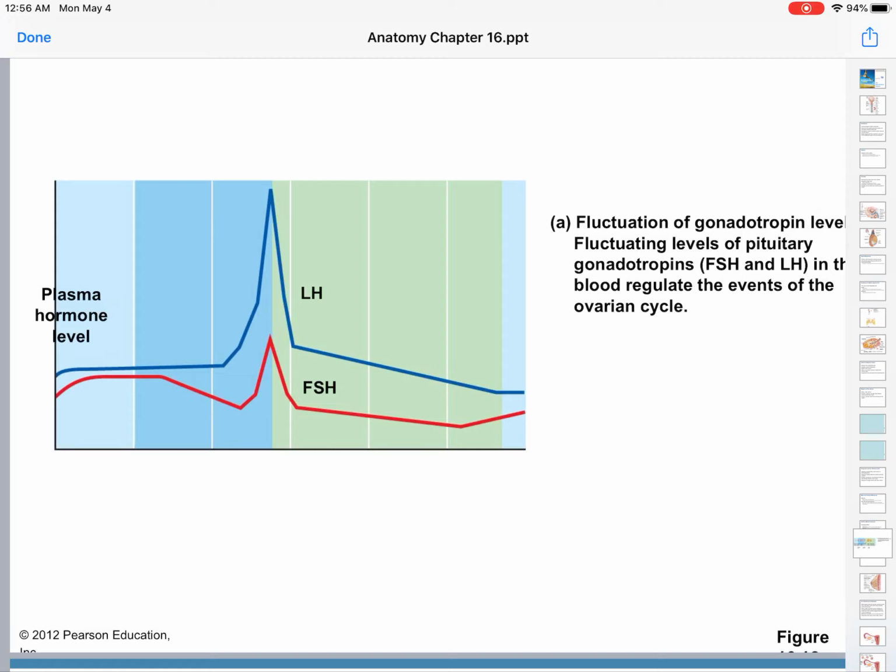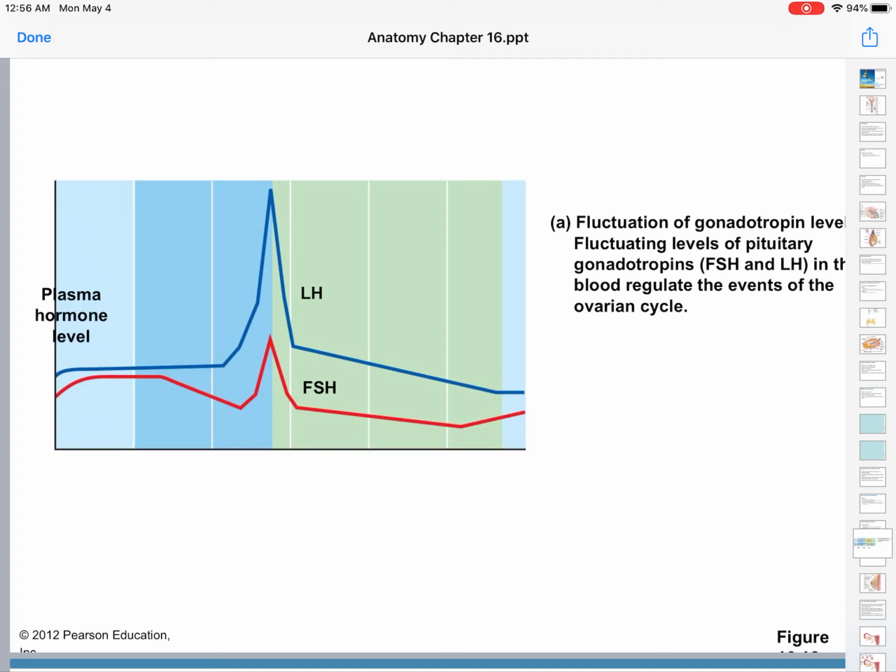Here's a graph that shows the levels of luteinizing and follicle-stimulating hormones. You'll notice about mid-graph, about days 13 to 15, a very large spike in both of these hormones, and then a drop after ovulation occurs.